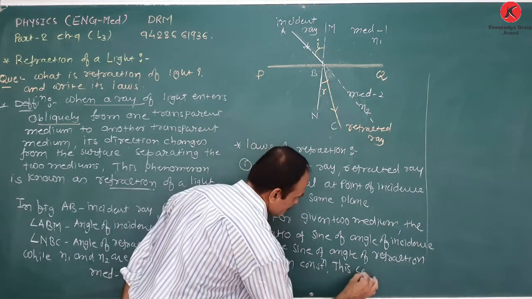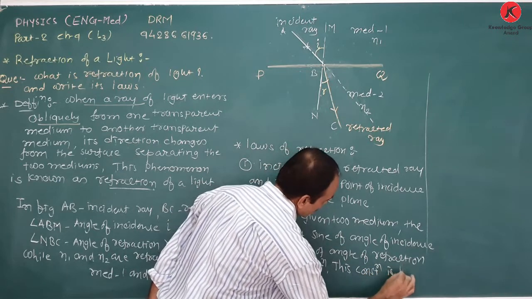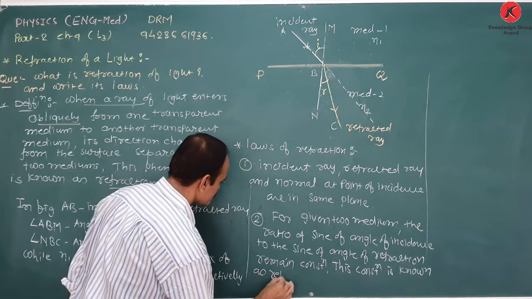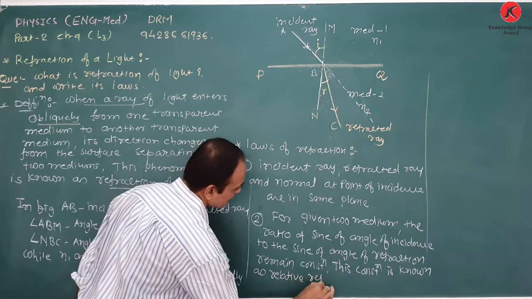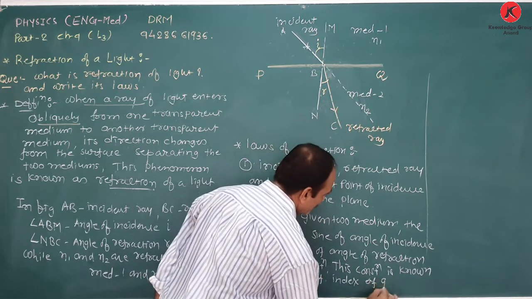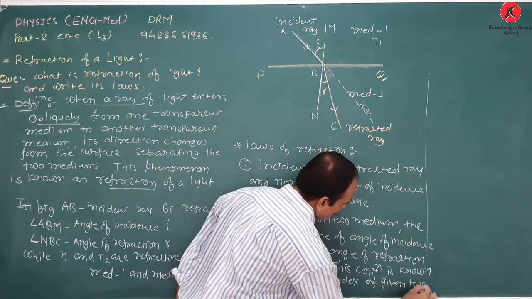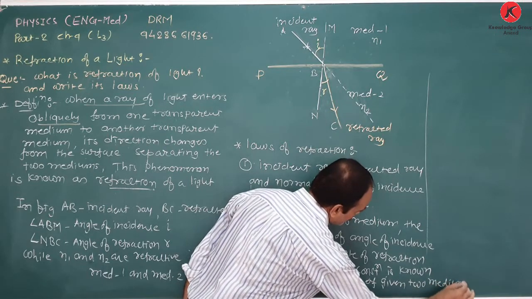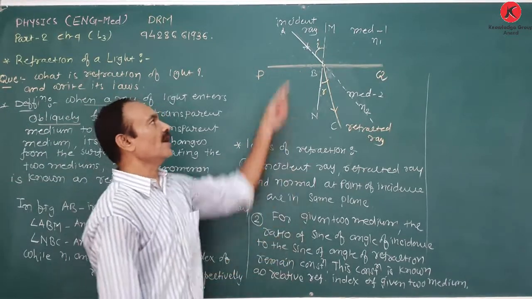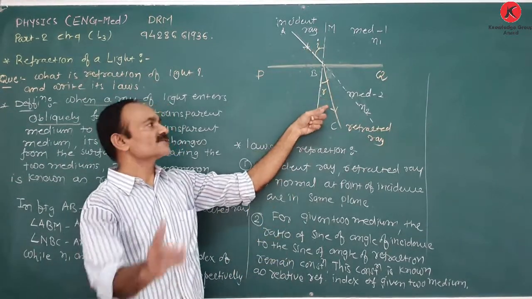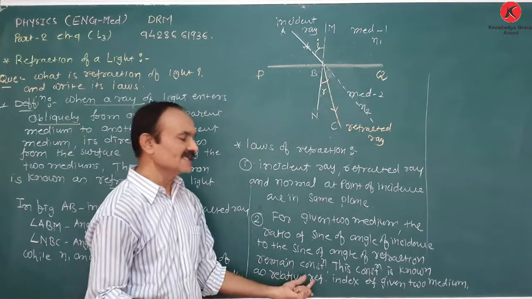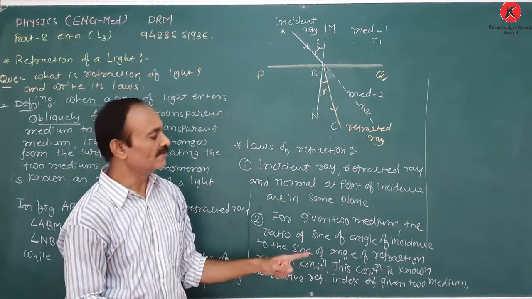This constant is known as the relative refractive index of the given pair of media.